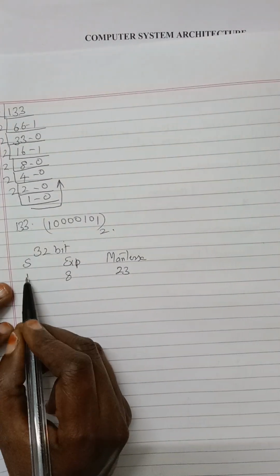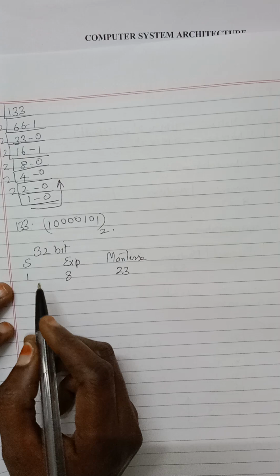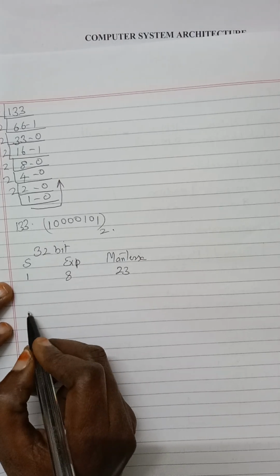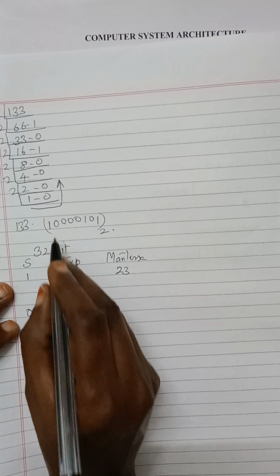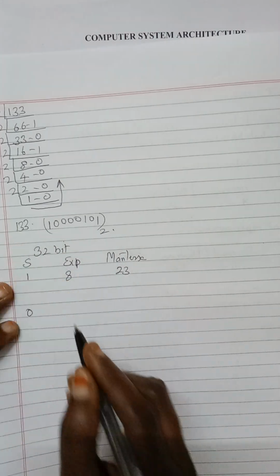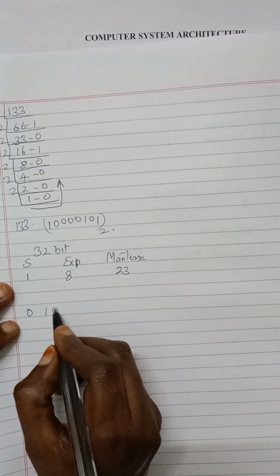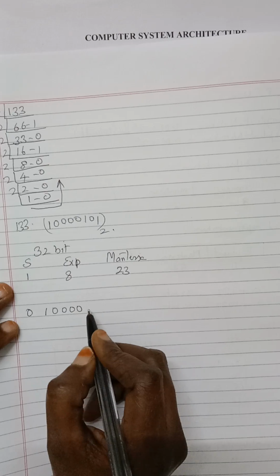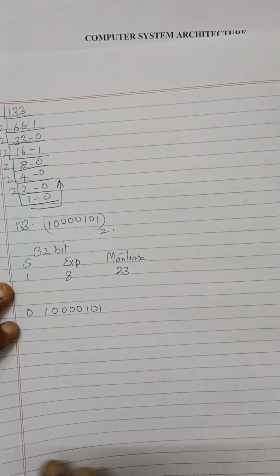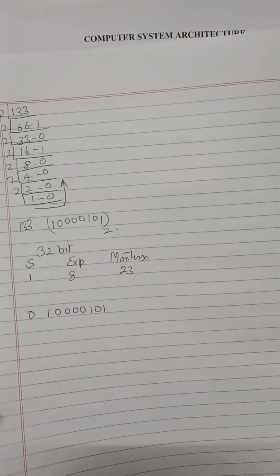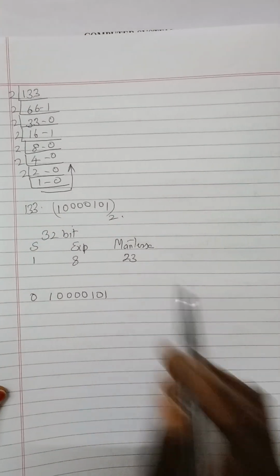First I'll write the sign bit. The sign is 1 bit, and the value is 0. Now the exponent, 8 bits. Here we have found the value 133, so it is 1 0 0 0 0 1 0 1. That is the exponent part, 8 bits. We have finished it. Now write the mantissa part.